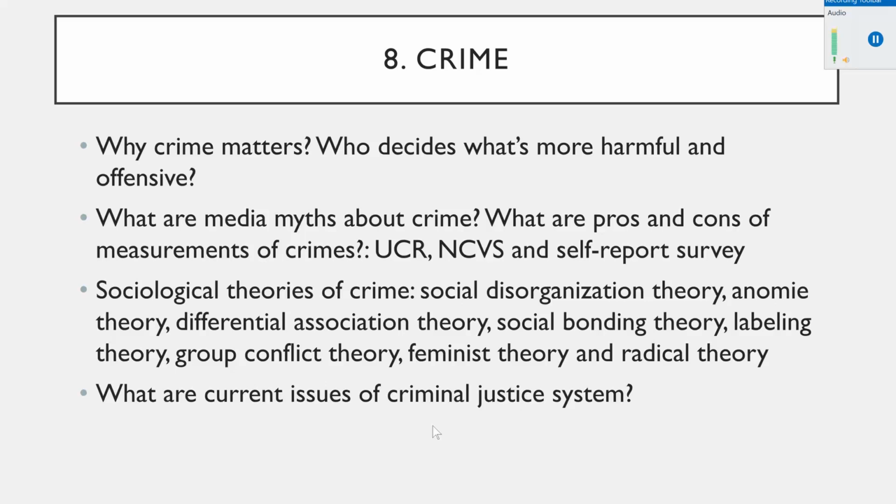And there are sociological theories of crime: disorganization, anomie, differential association, social bonding, labeling, group conflict, feminist, and radical theory. And in the criminal justice system, we see that there is innate inequality in the court or prison and other things. We may need to see the details of the criminal justice system in the lecture slides and textbook.